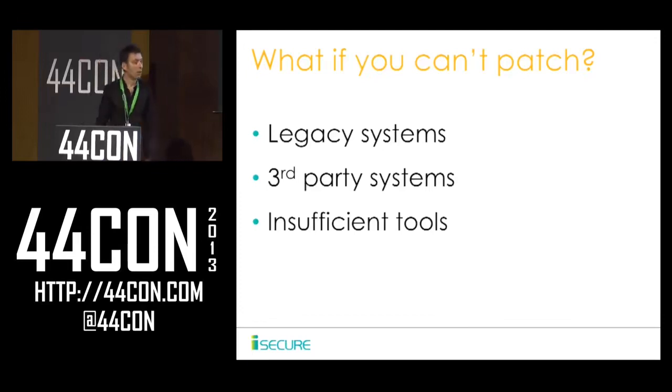And also, for some reason, some operations teams just don't have tools to patch the systems they're managing, which is crazy. This is a bad argument, but I hear it all the time. And this is weird. But that's a whole different problem.